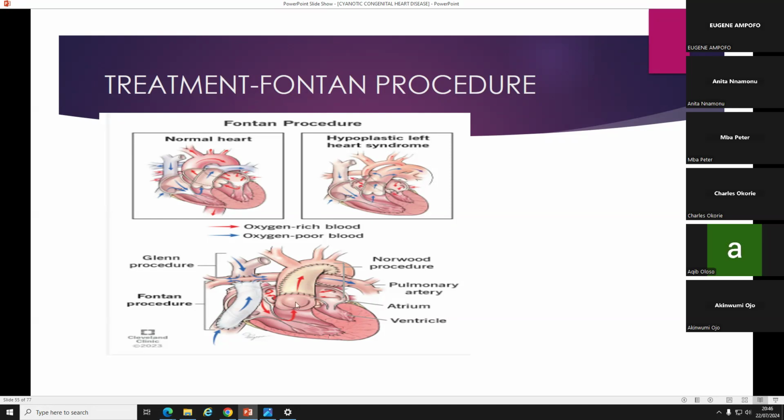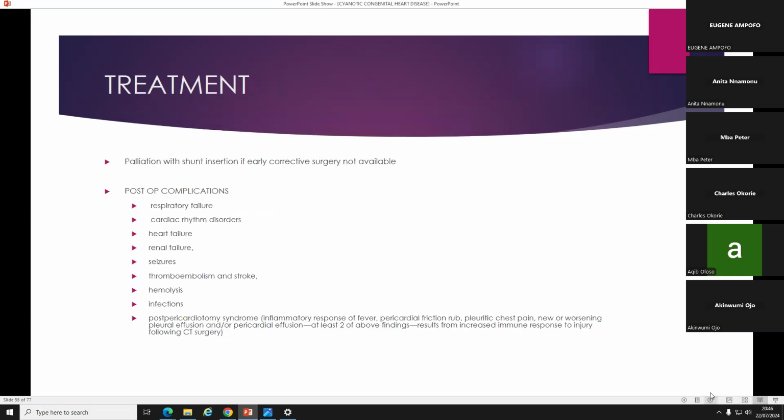What that does is it directs venous blood where it should go. It connects blood from the IVC to the pulmonary arteries so that venous blood ends up in the lungs and there isn't much opportunity for mixing and cyanosis.